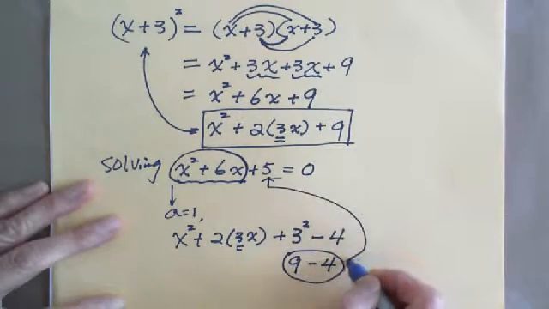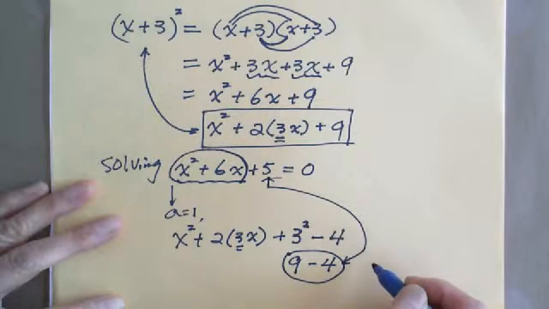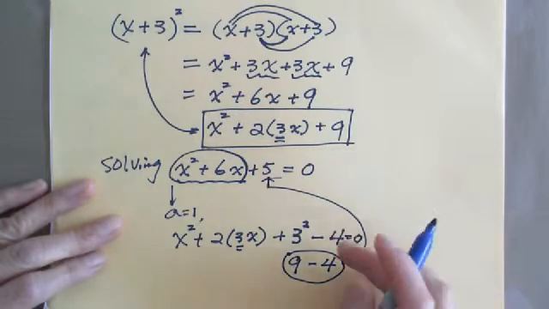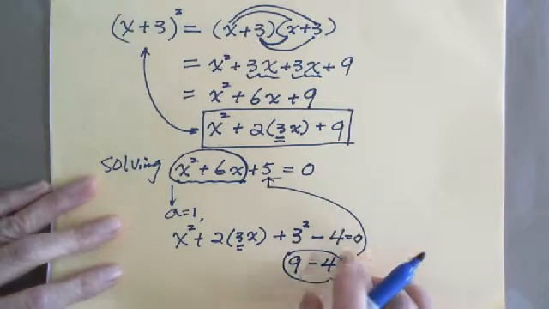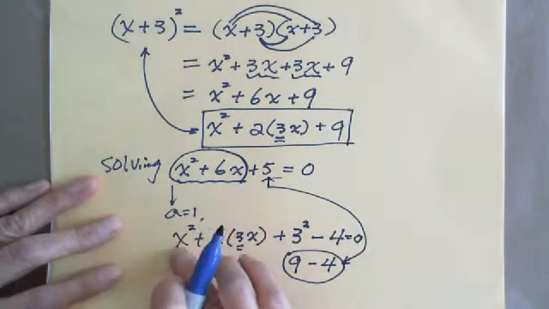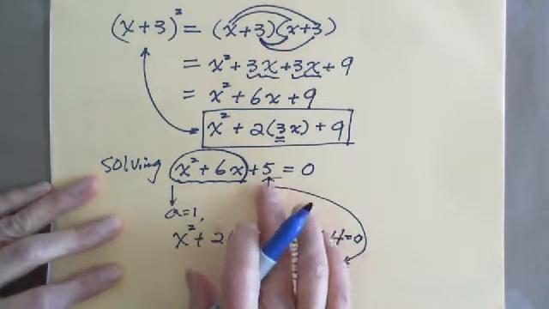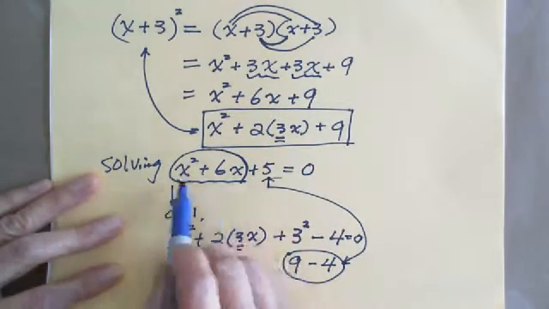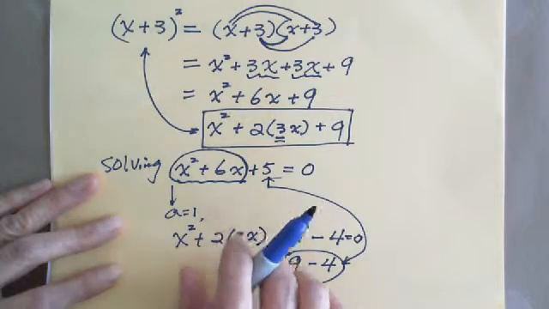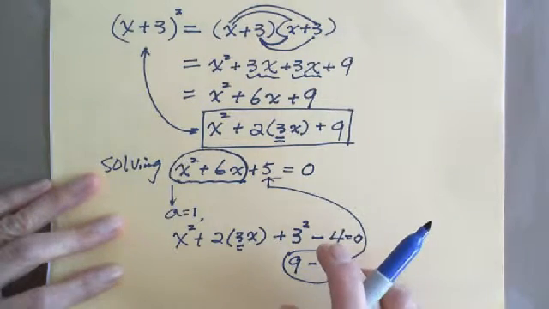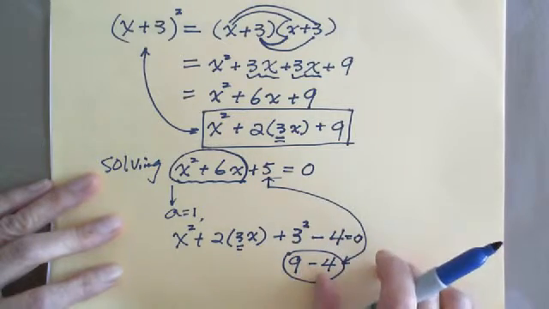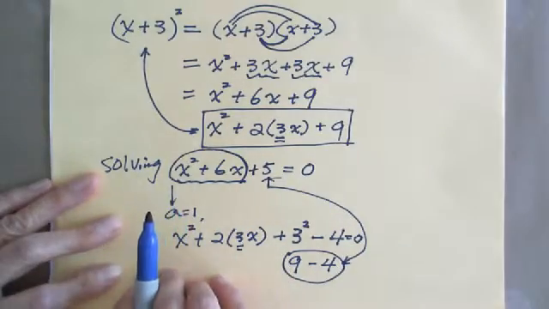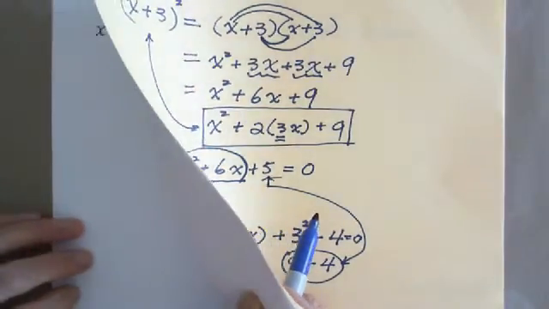And equals 0. So this is the idea: the given quadratic equation is not a perfect square, but we use the first two terms to make a perfect square, then add or subtract a number to make the same constant as the given equation.